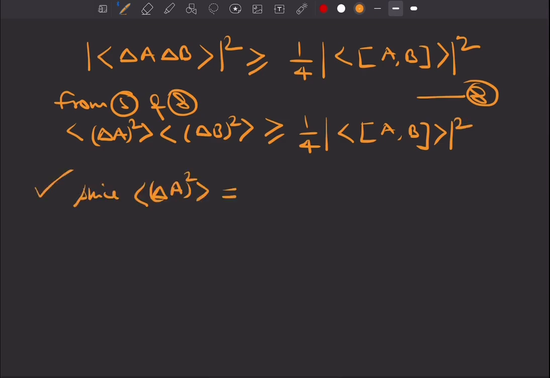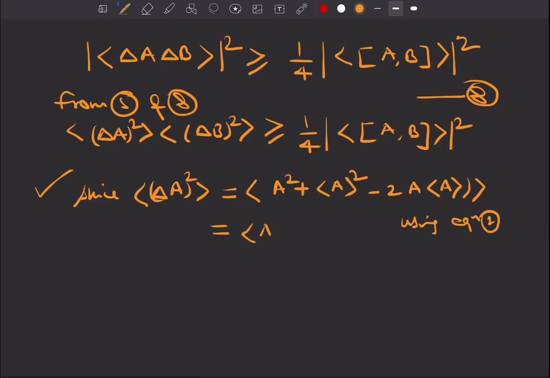Since expectation of delta A square is equal to expectation of A square plus expectation of A whole square minus 2A into expectation of A, using equation number 2, which is equal to expectation of A square minus square of expectation A.